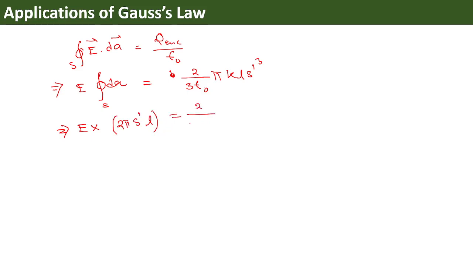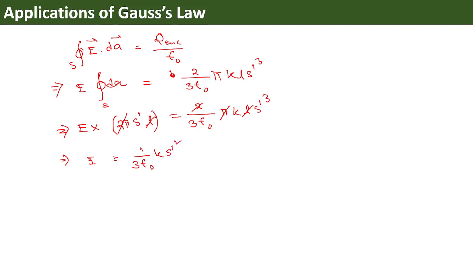So 2 by 3 epsilon naught pi k. Alright, so from here twice pi gets cancelled, L gets cancelled, and we remain with E equal to 1 upon 3 epsilon naught k S prime square, because one S prime will get cancelled.